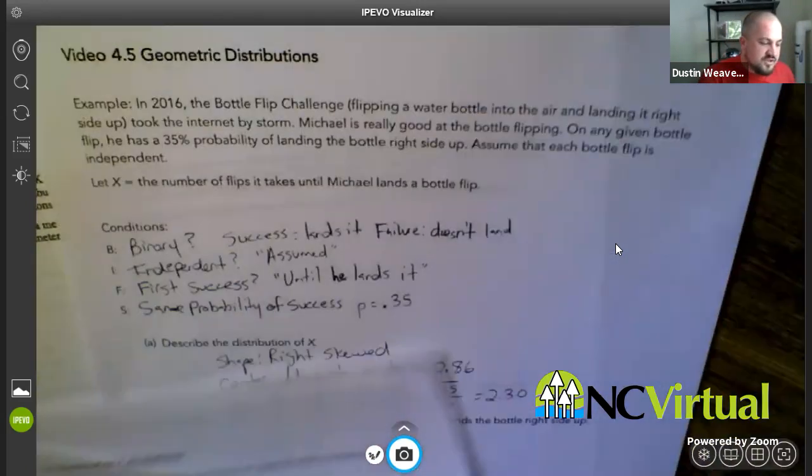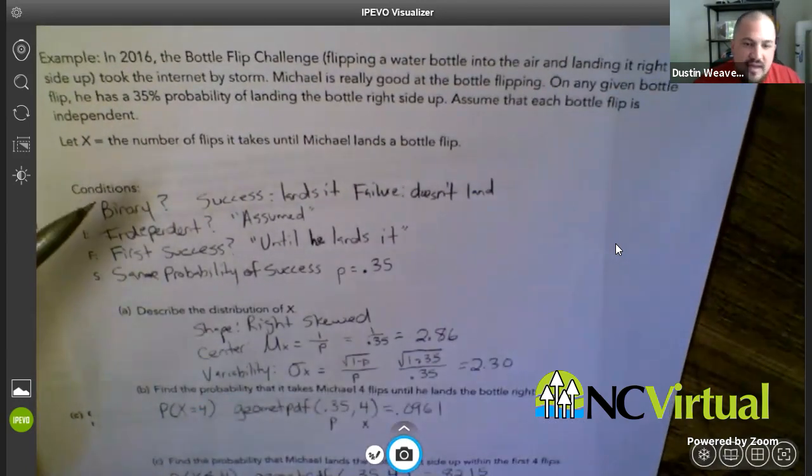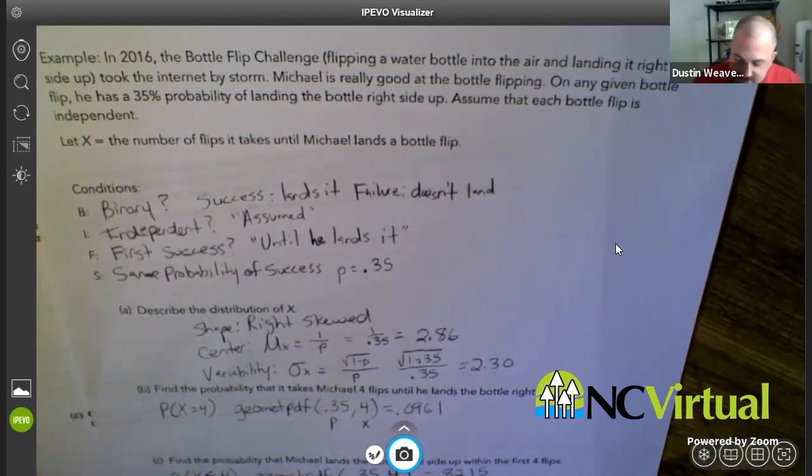That's normal distribution. Then we get to geometric. Geometric looks the same as binomial, except instead of B-I-N you see G-E-O-M. Instead of the number of trials being a fixed number, it is the number of trials until the first success.